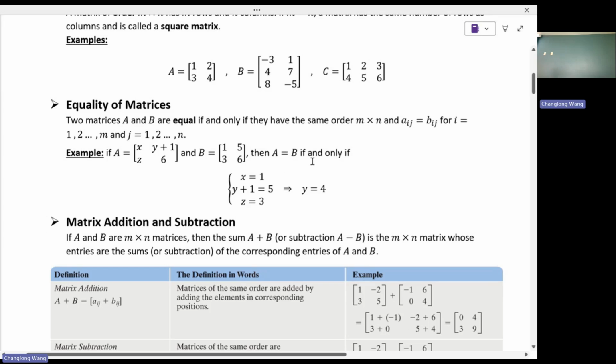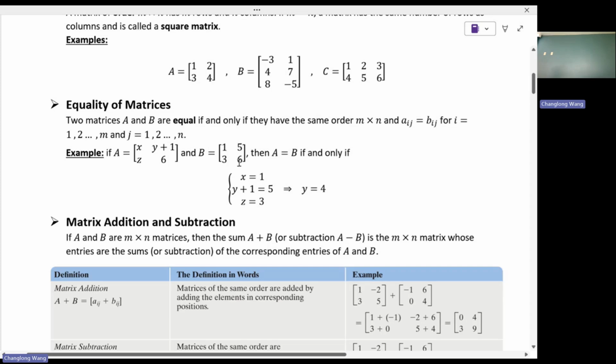Sometimes they can ask you problems where A is in terms of X, Y, Z, and B is explicitly given, a 2x2 matrix. They are equal, but it can only happen if X equals 1, Y plus 1 equals 5, Z equals 3, and also here 6 and 6 are equal.